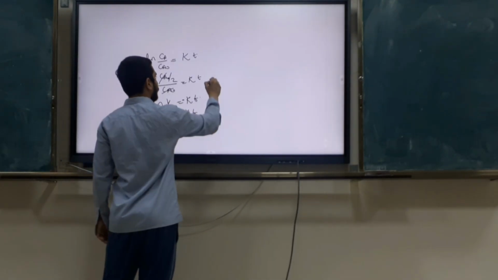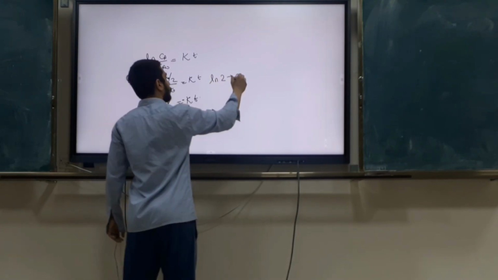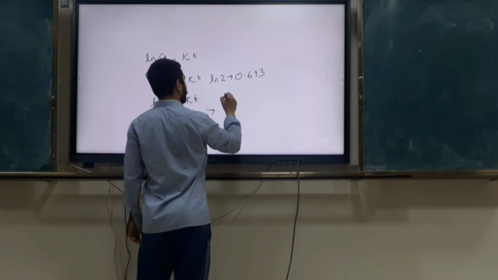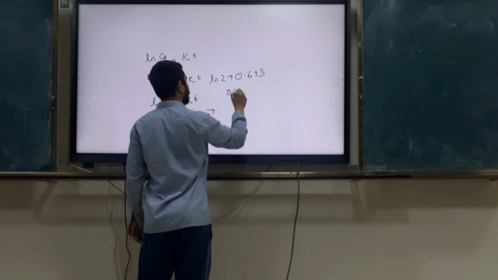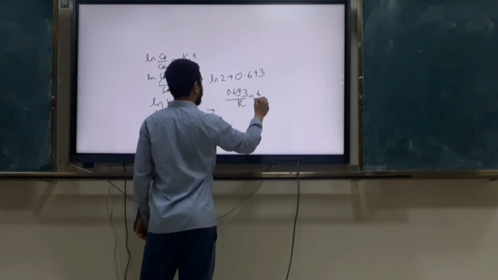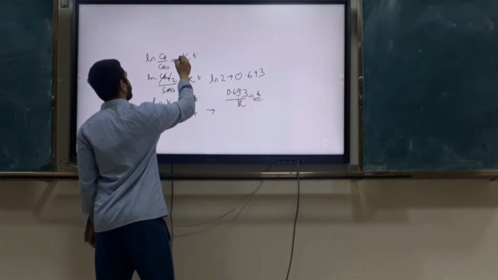The value of ln 2 is 0.693, so the half life will be 0.693 upon K, equal to T. In this equation there is a minus K.